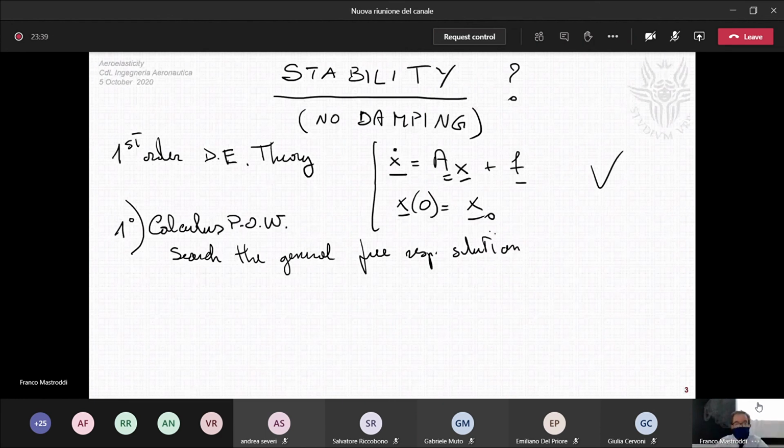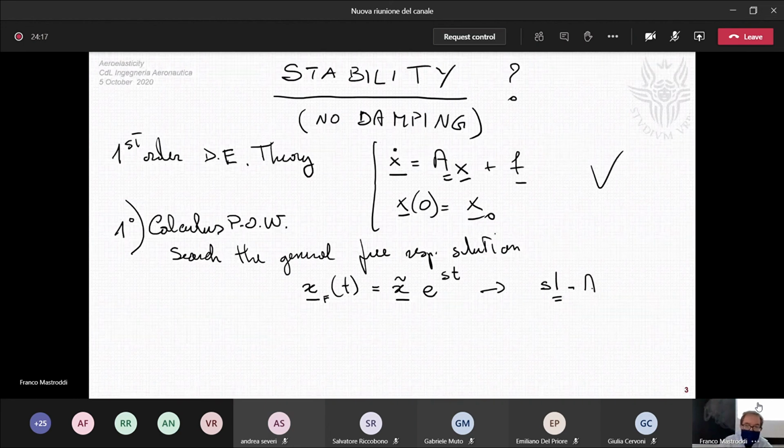the structure of the free response solution in time is X tilde by e to the power st. This is an elementary solution for your free problem. And if you assume this, your problem becomes (sI minus A) X tilde equal to 0.